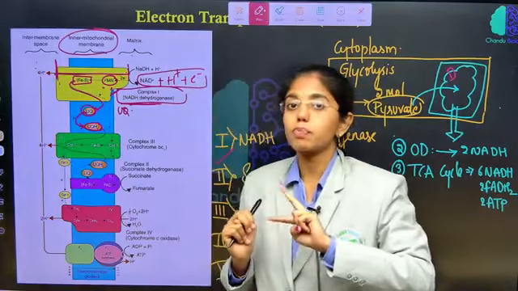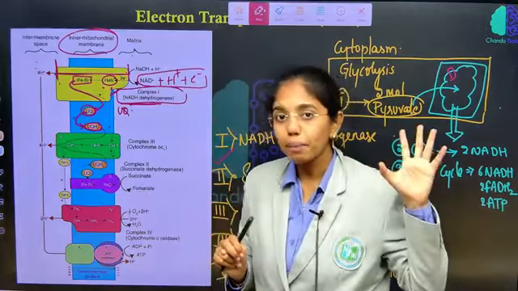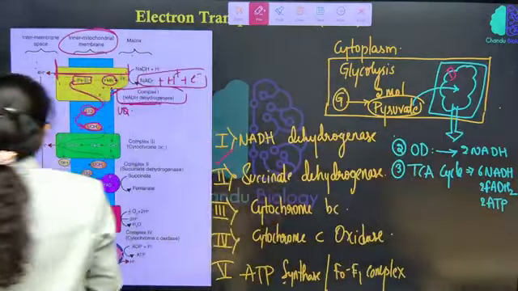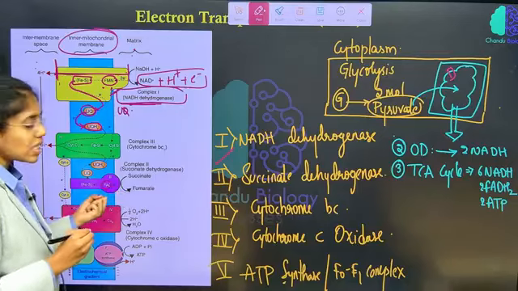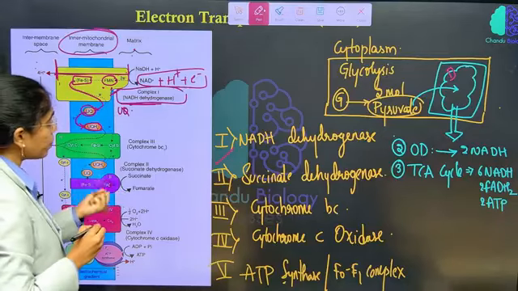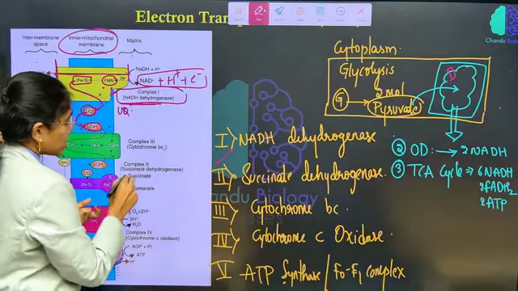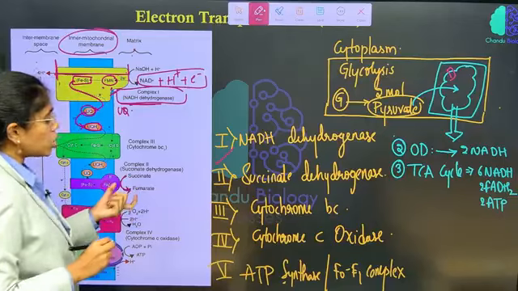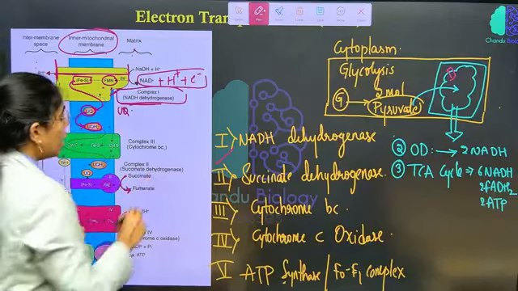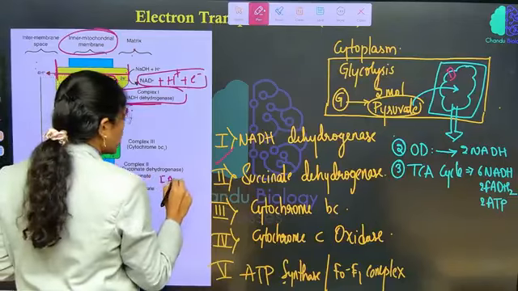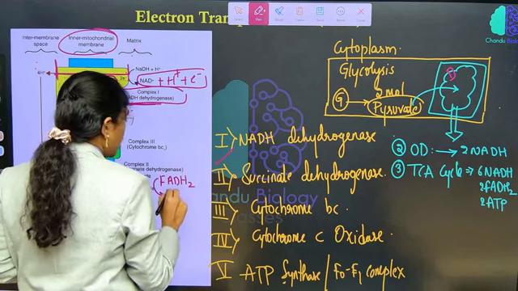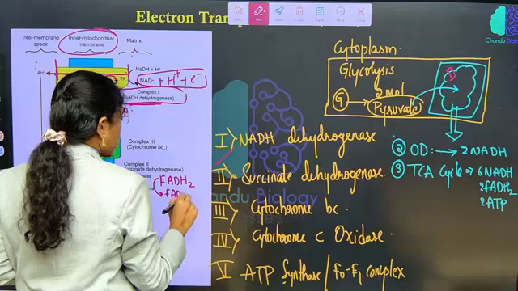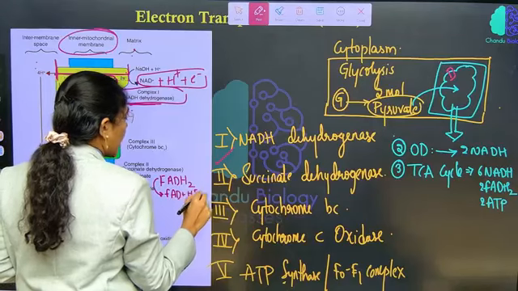Flavin adenine dinucleotide is the molecule which accepts both electrons and protons here, wherein from succinate to fumarate, one of the steps of the Krebs cycle, FADH2 is oxidized to FAD plus protons and electrons.